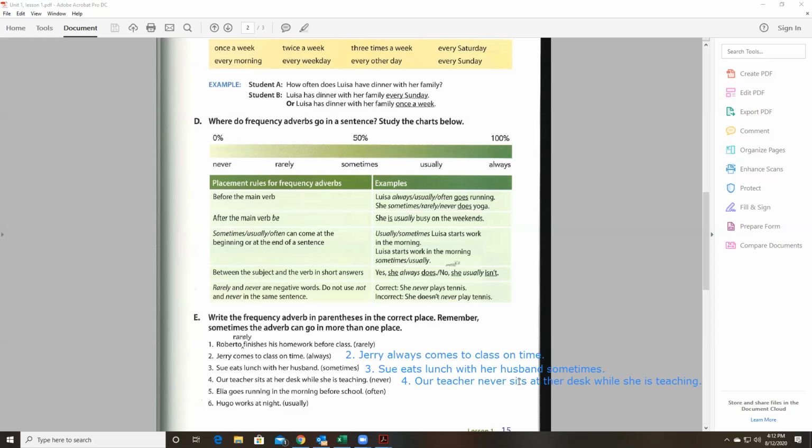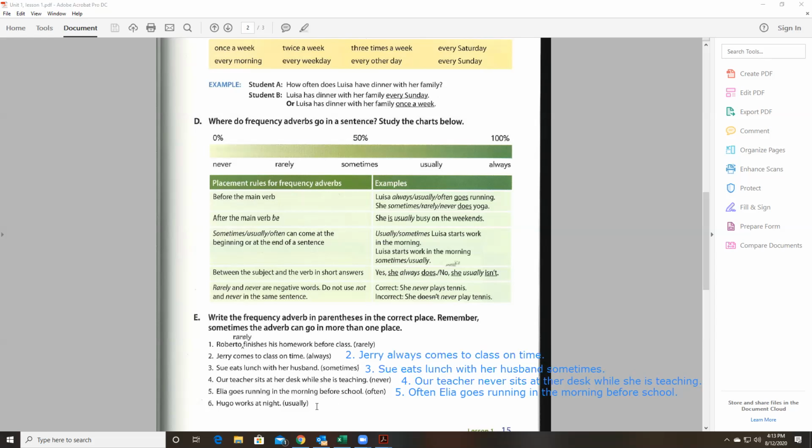Okay, number 5, Elia goes running in the morning before school. And I put often Elia goes running in the morning before school. The last one is Hugo works at night.